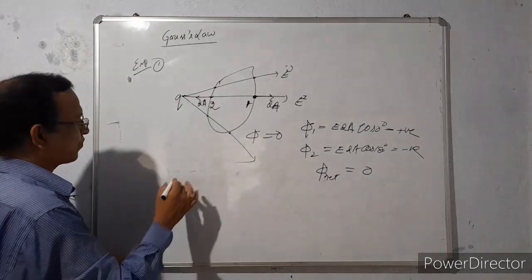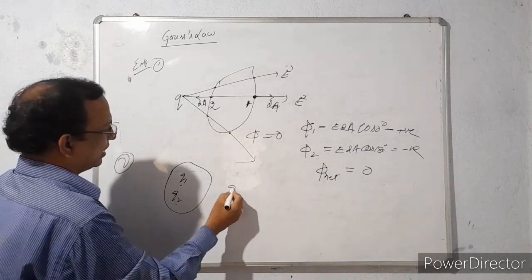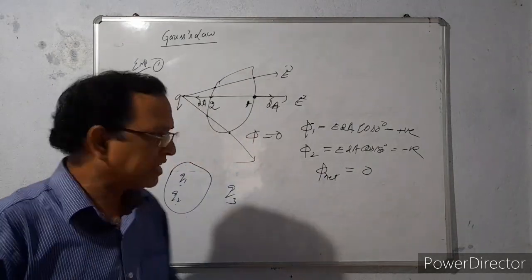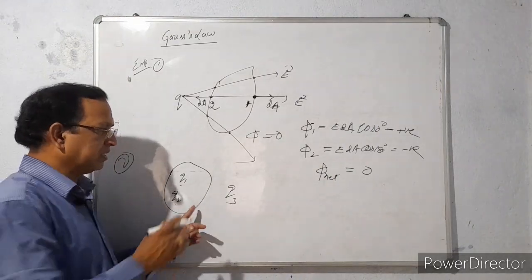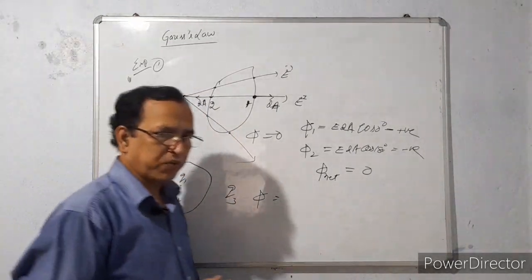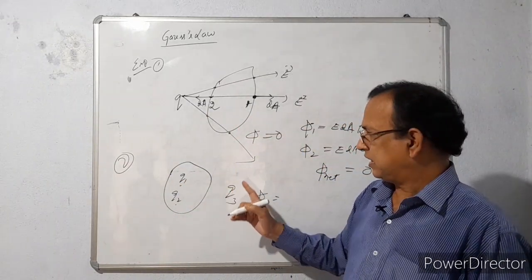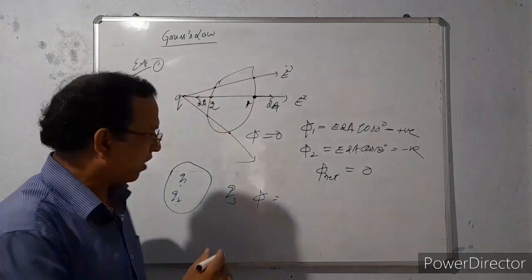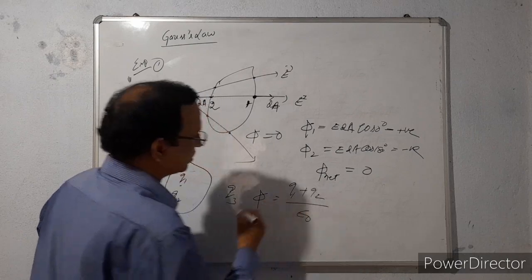Suppose there are two charges, Q1 and Q2, placed inside and Q3 is outside. So what is the flux enclosed by the surface? Flux is due to Q1 and Q2, two charges, and Q3 is outside. Clear? So flux phi is equal to (Q1 plus Q2) by epsilon naught.